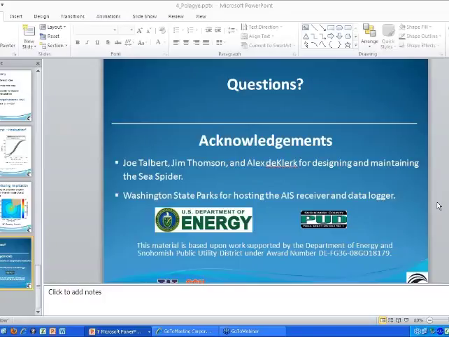And that's how it actually makes, not just detects clicks, but actually identifies them as clicks associated with harbor porpoise. So we've gone through and done a manual review of some of the data, and certainly the clicks that the CPOD is classifying as harbor porpoise clicks do have the properties that one would expect for a harbor porpoise click.